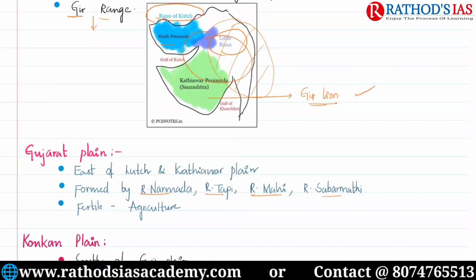And the eastern part of this plain is very much fertile, and it will support agriculture. But here the greater part of the coast is mainly covered by heaps of sand. So only a little part is fertile.